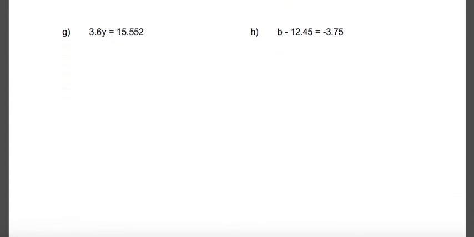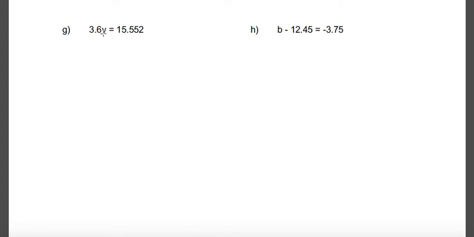So let's go through 2 more examples, and then you could use this lesson as a resource as you practice some questions on your own. So I have 3.6y equals 15.552. So right now I need to think about what is the operation that's happening between my number and my variable, and that's multiplication.